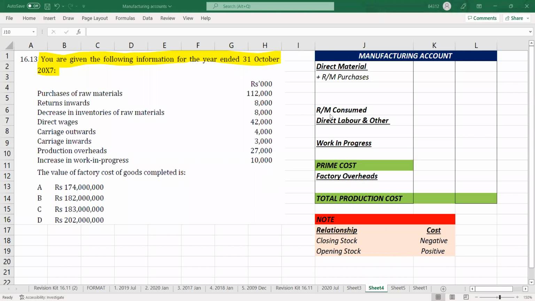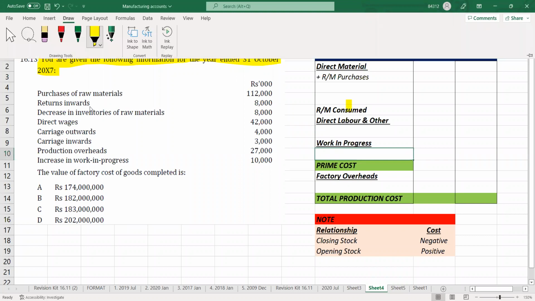Anyone who got the answer? Right. I'll just do the basic part.